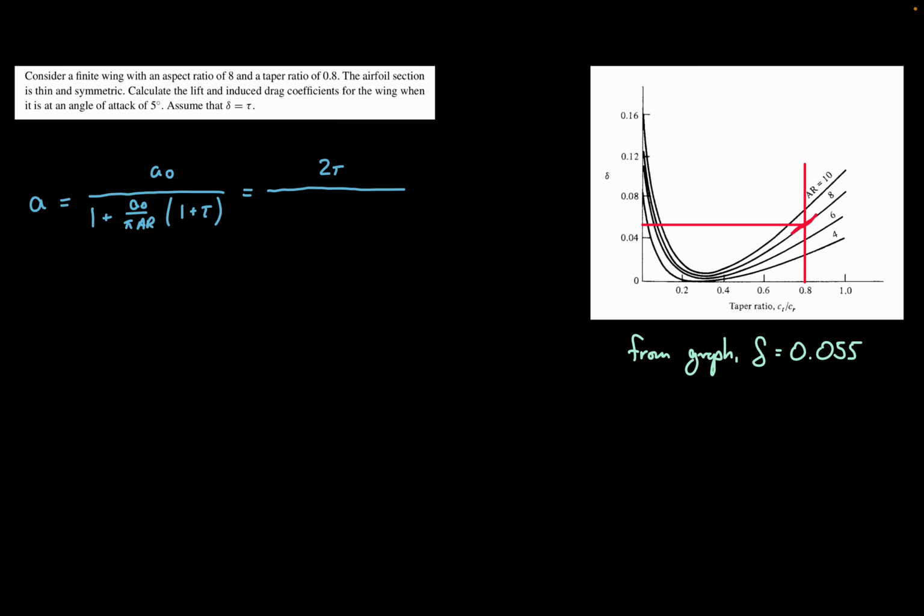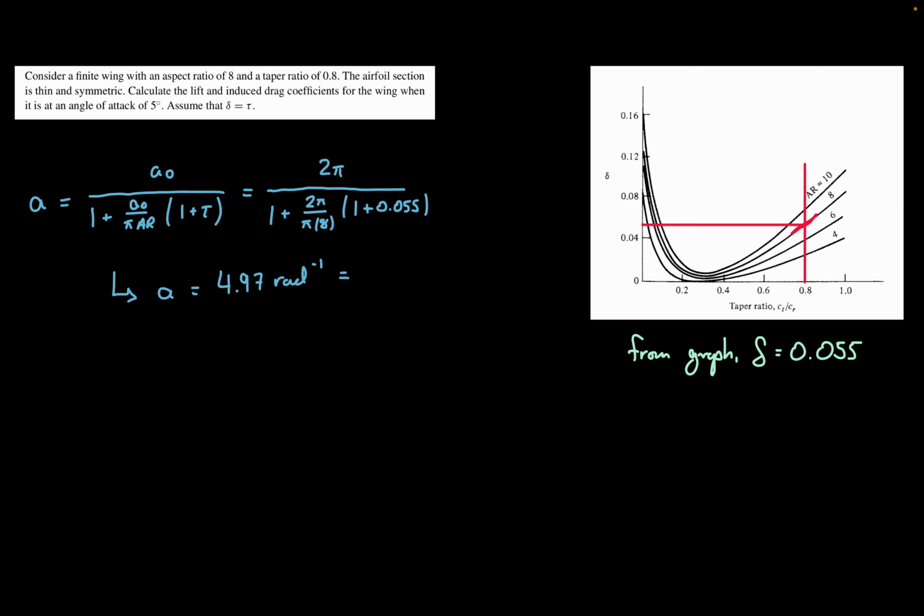So now we can plug in all of the values. A naught is going to be equal to 2 pi, and this is going to be in radians. And then we'll have 1 plus 2 pi divided by pi times aspect ratio, which is 8, and then 1 plus our tau value, which is equal to delta. So 1 plus 0.055. This gives an A value equal to 4.97 per radian.